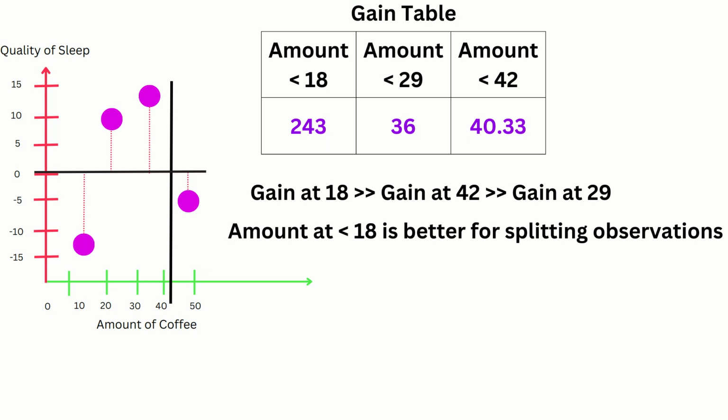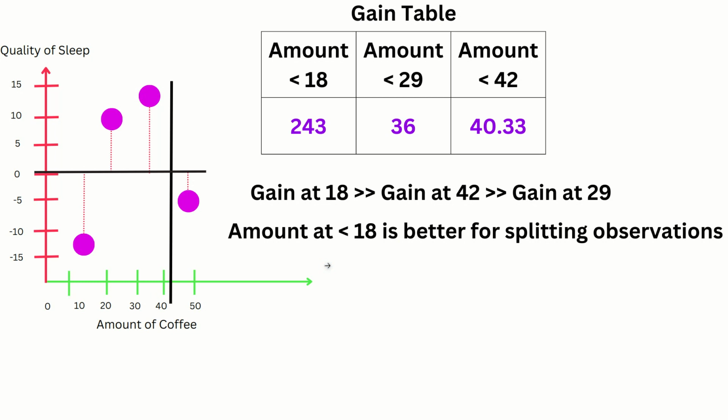Now we have a comparison of the gain at different threshold levels. It becomes evident that a threshold level of 18 provides a better result for splitting observations. Here, amount less than 18 has a value of 243, which is greater than the other values.